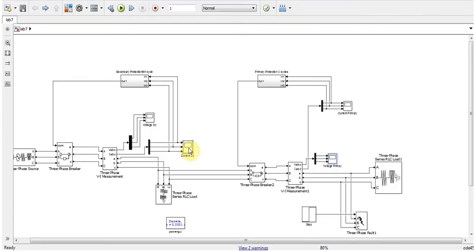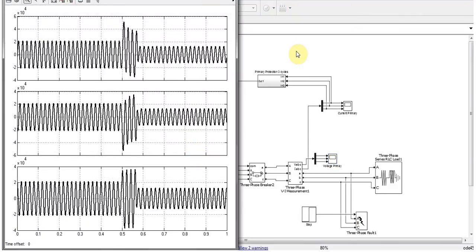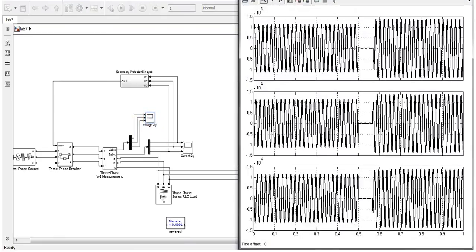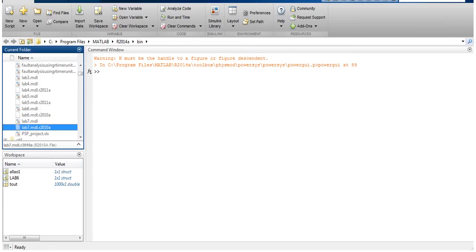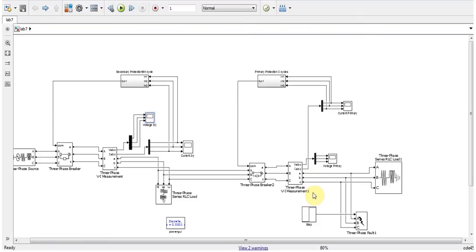Now what happened to the secondary protection? Here is our current graph, and here is our voltage graph. The current was flowing normally, then a fault occurred, and then the current overshot. At this time, the primary protection worked and tripped off the circuit, so this load got isolated, but this load is still getting the current and voltages.